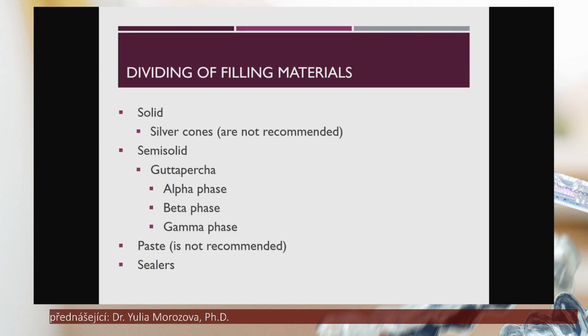The next group, these are the pastes, and these materials are used separately without another cone, and nowadays this method is not recommended, because these pastes had a high shrinkage, and so the application of just the paste was insufficient, ineffective, inadequate.